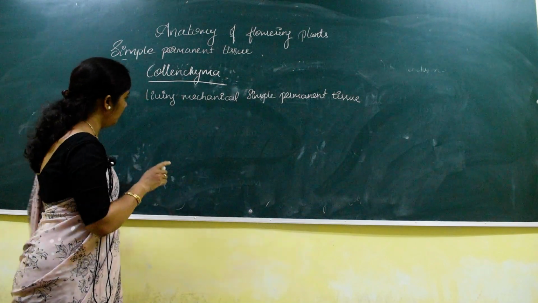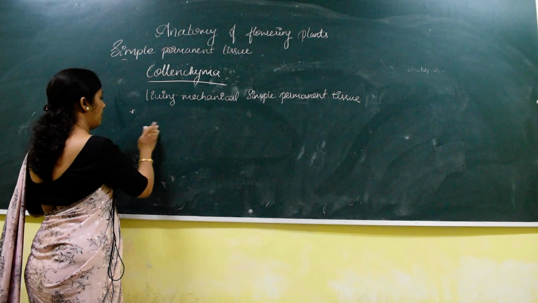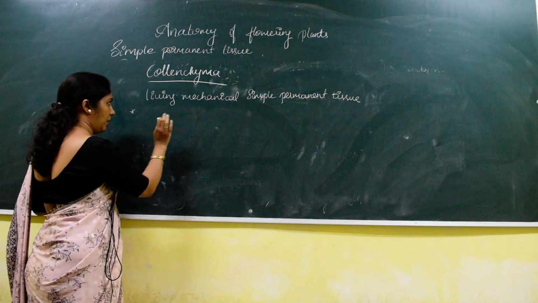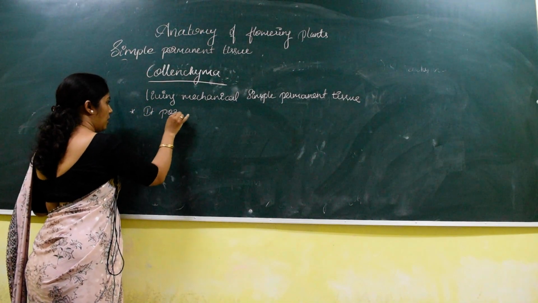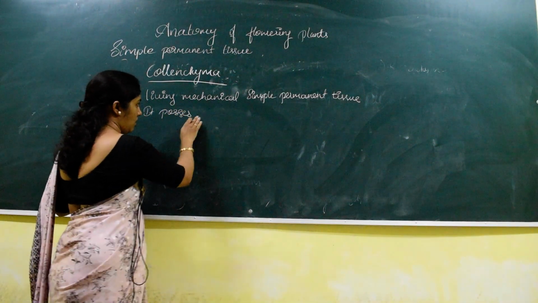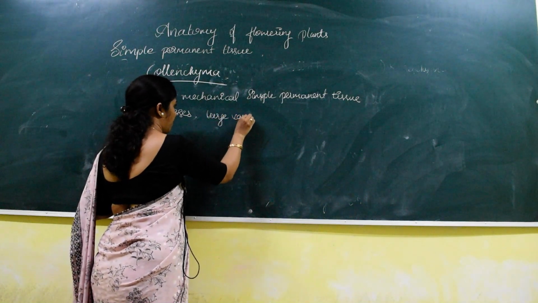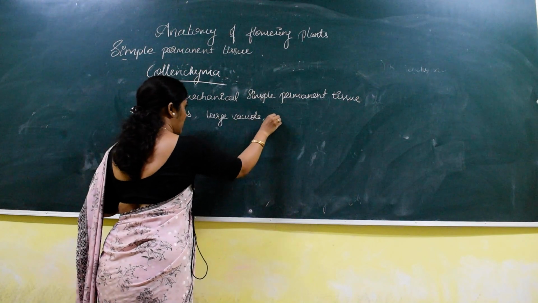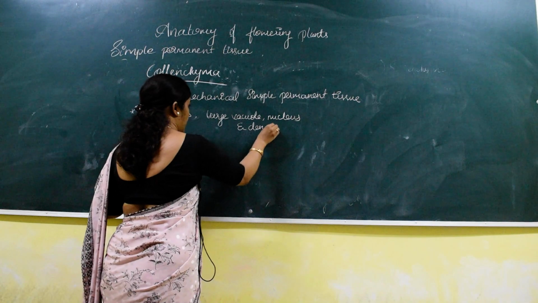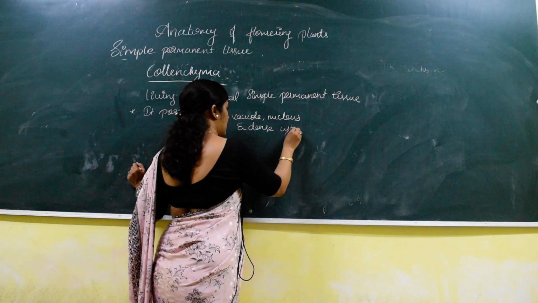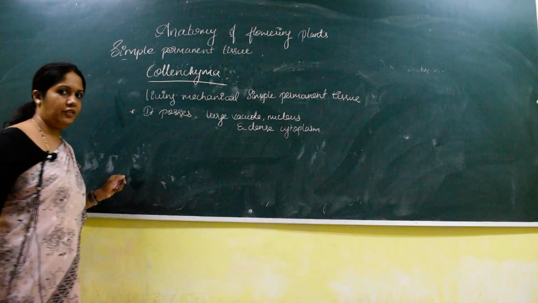So now the characteristic features of the Chloranchyma: it is a living mechanical tissue, hence it possesses a large vacuole, nucleus and dense cytoplasm because it is a living tissue.